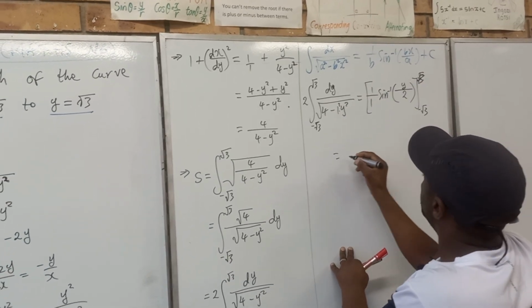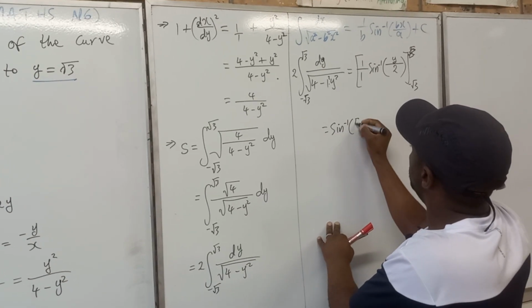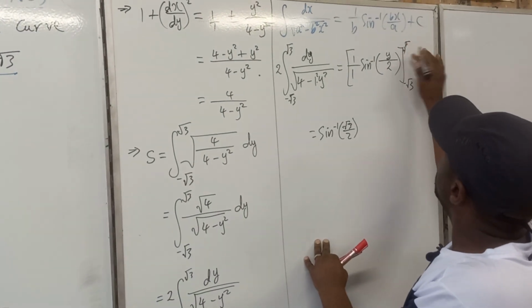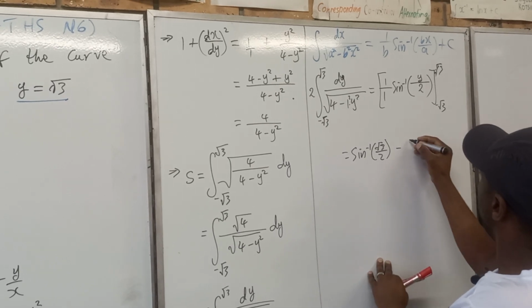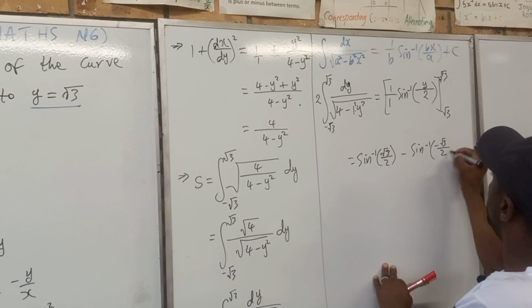So I now substitute my limits, so I'll just be having the arc sine of root 3 over 2. If I put root 3 in the place of y, that's my upper limit, then my lower limit will be the arc sine of negative root 3 over 2.